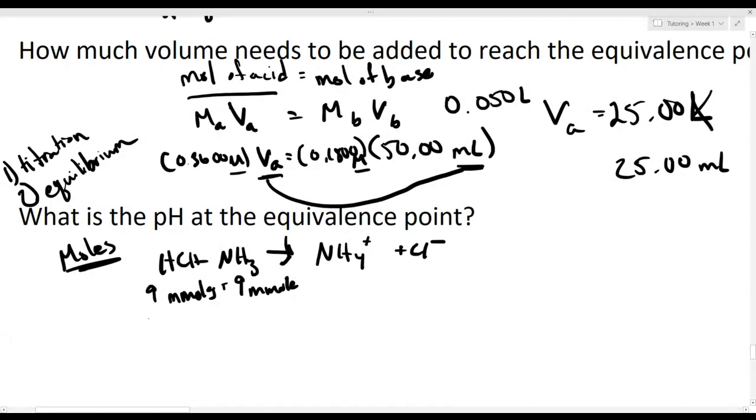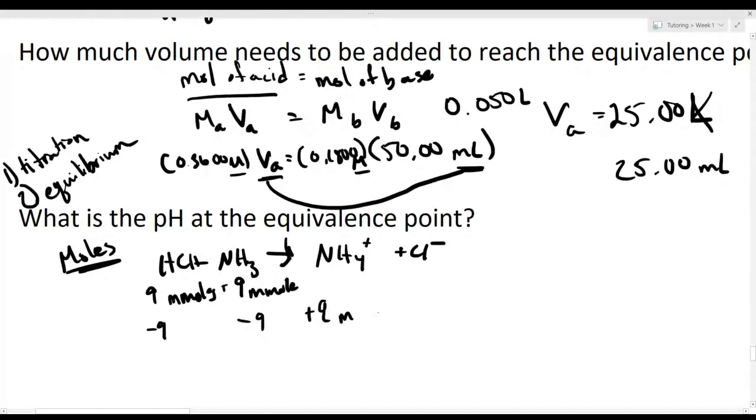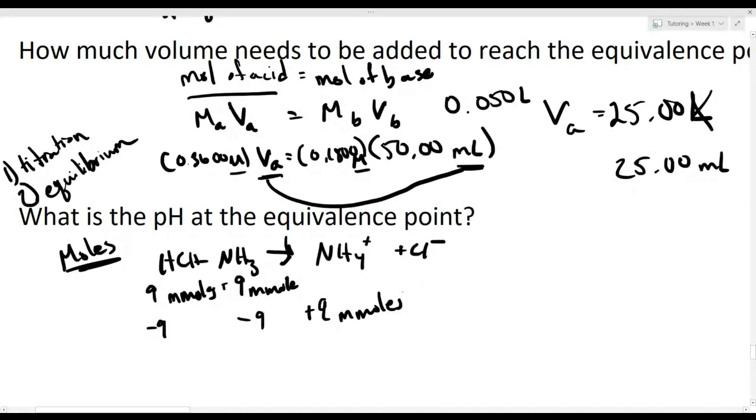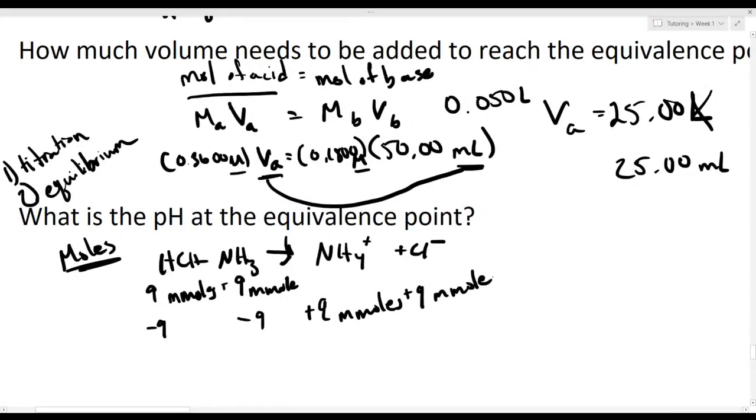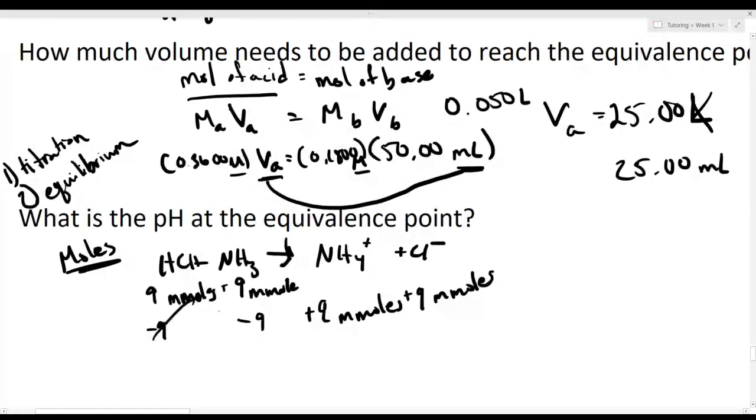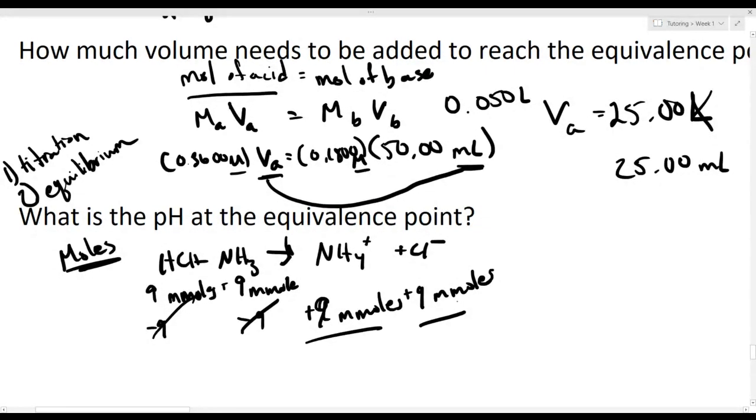When they react, we use all 9 of each of them, and we get plus 9 millimoles and plus 9 millimoles. Millimoles is moles times 10 to the negative third; I'm just doing it for convenience. So at the end, we have 0 of this, 9 of that, and 9 of that.